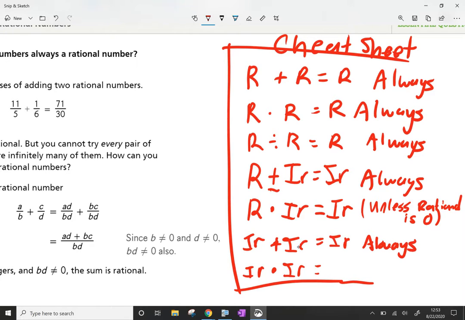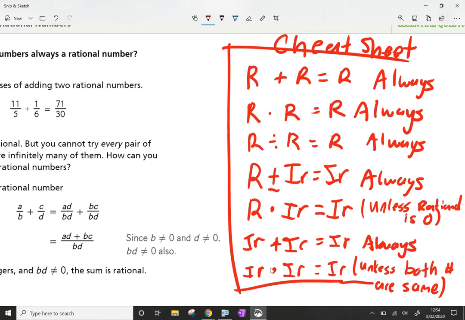This one could be either rational or irrational. So I'm going to say irrational, but there's an exception. Unless both numbers are the same.